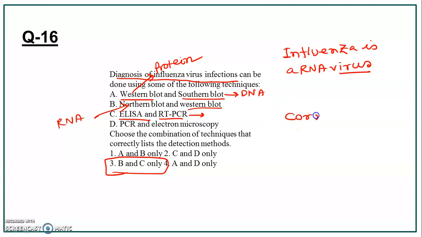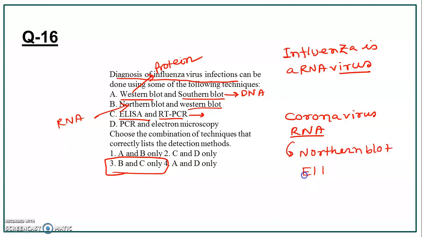Coronavirus detection is similar: the coronavirus genome is also RNA, and can be detected by northern blotting, ELISA and RT-PCR methods. So option C is the correct answer.